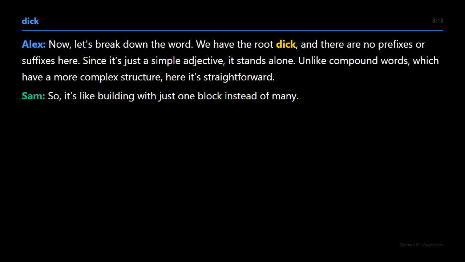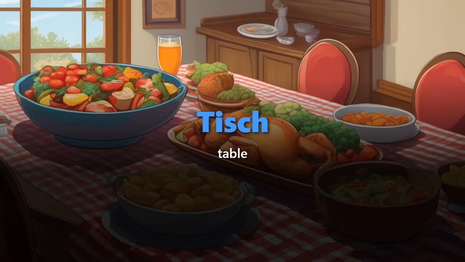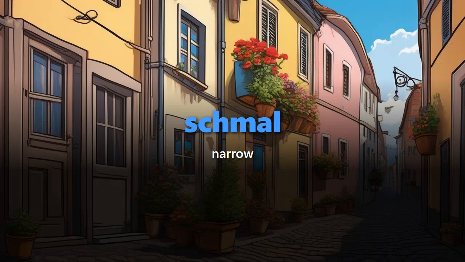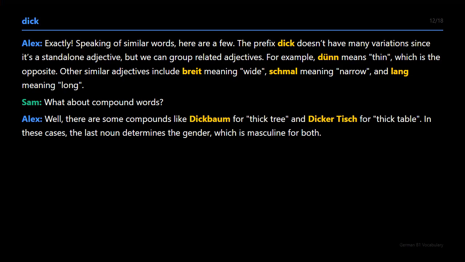So, it's like building with just one block instead of many. Exactly.